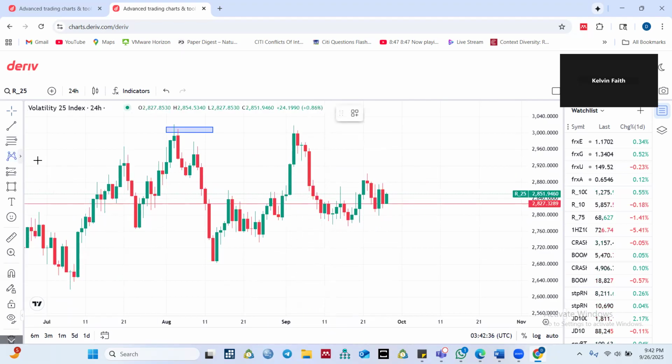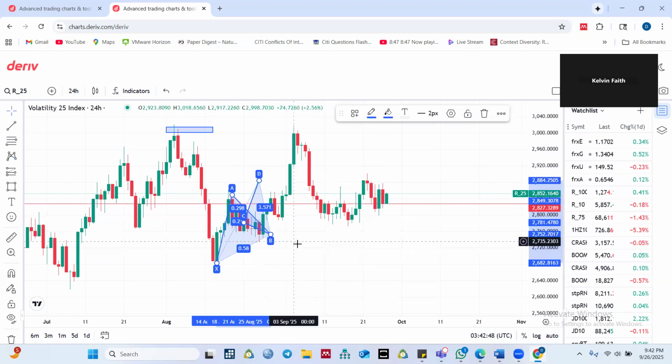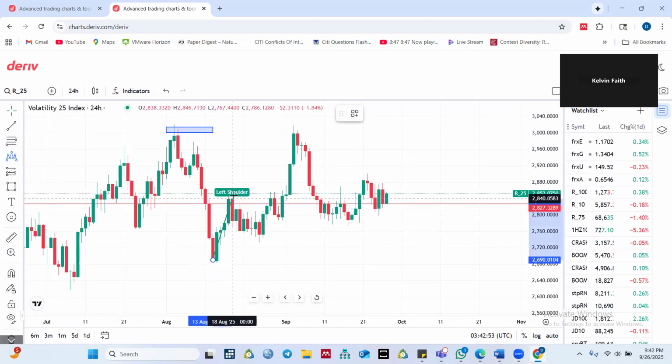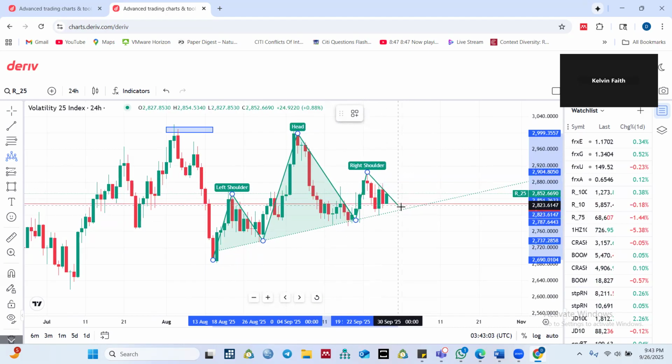I see something like a left shoulder, neck, head, and this could be a right shoulder.